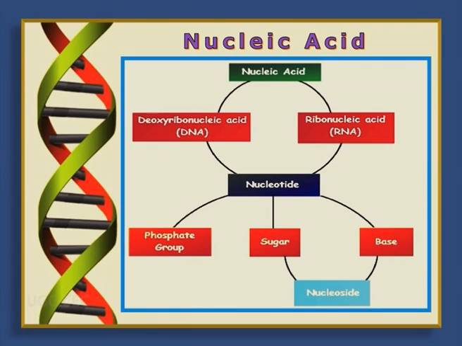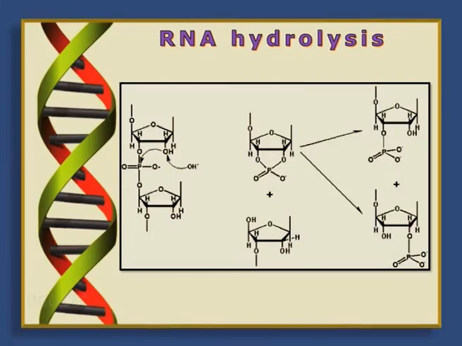Then, after knowing about the different structures and how the polymers of nucleic acids are made, let us see which is more stable, DNA or RNA, because they contain different chemical units. Well, it is RNA which is less stable than DNA. Why? Because of the presence of ribose sugar, it is more prone to alkaline lysis, and due to alkaline lysis, the phosphodiester backbone gets cleaved and RNA is lost.